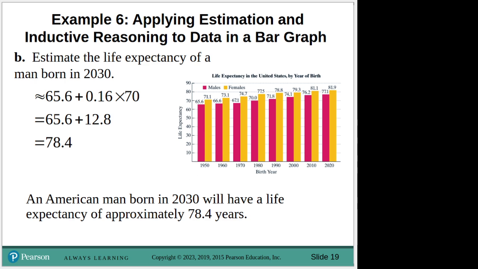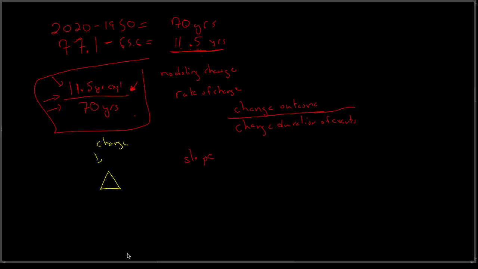Generally, and let's see here, I want to switch to the blackboard. We say that we're going to take the starting value plus the rate of change times the number of years or whatever's changing.